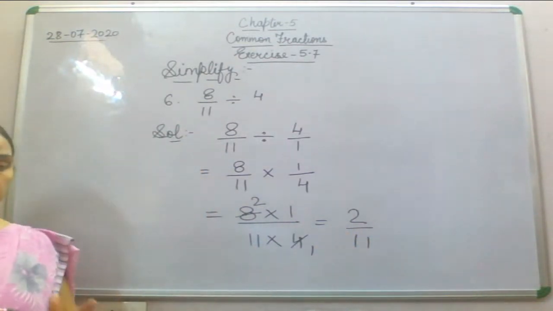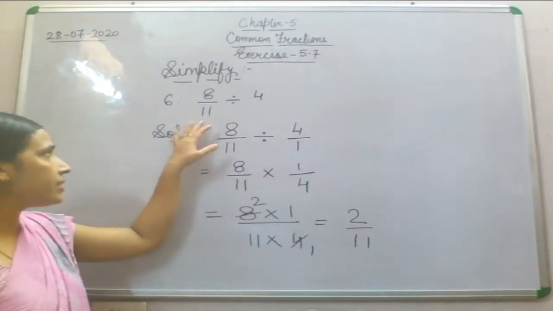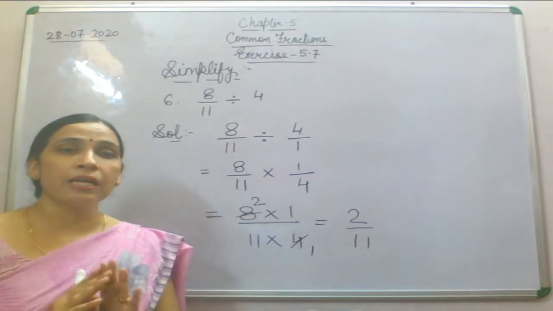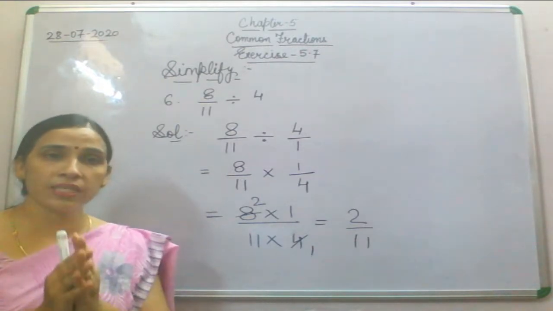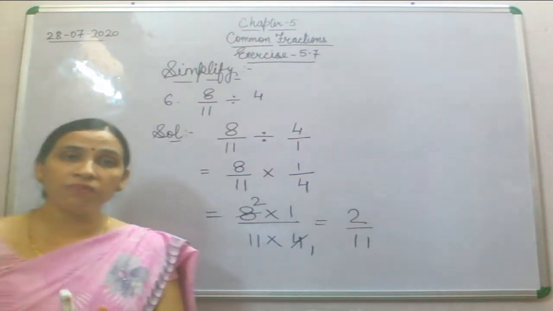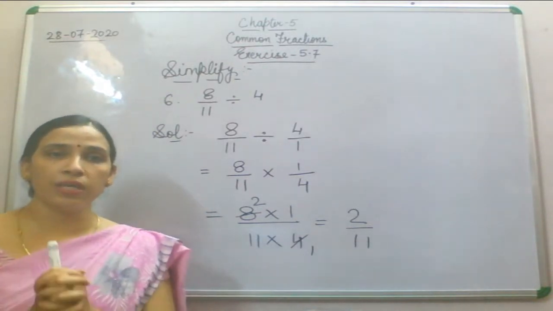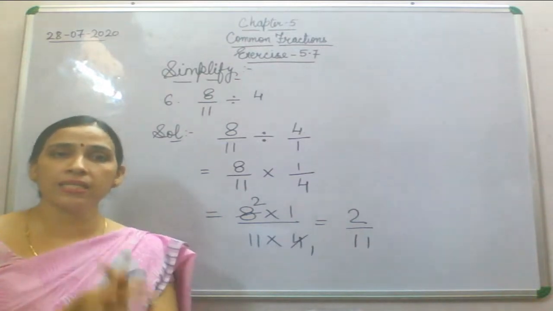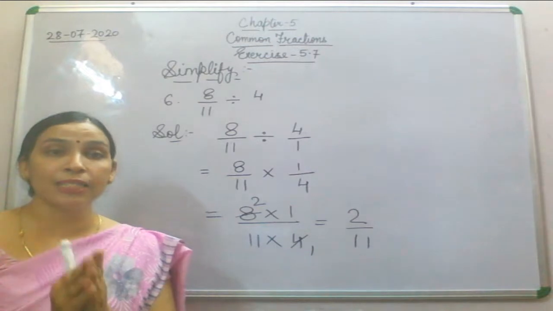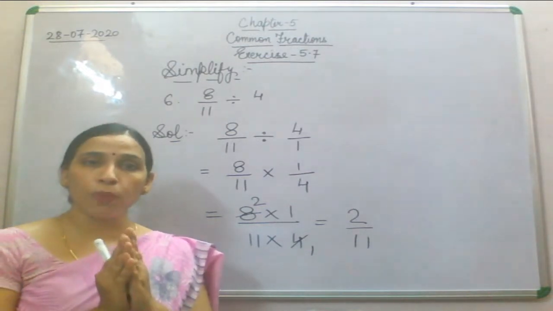Now what have we done here in this question? What do you mean by this 8/11 divided by 4? This means that the proper fraction which is given to you is 8/11. Now what is a proper fraction? Proper fractions are those fractions in which the numerator is lesser than the denominator.